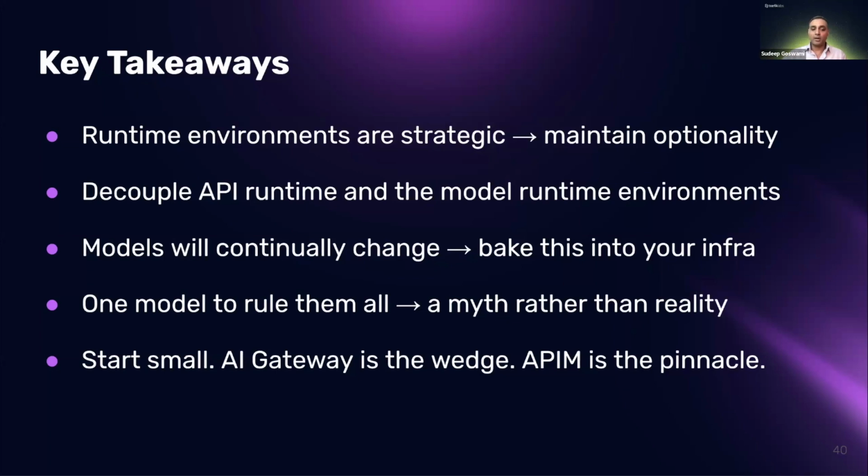And then you can, over time, layer in the API management, which really is the pinnacle. Because if you have both the AI gateway and the API management, this gives you the best opportunity for creating a really scalable enterprise AI architecture.